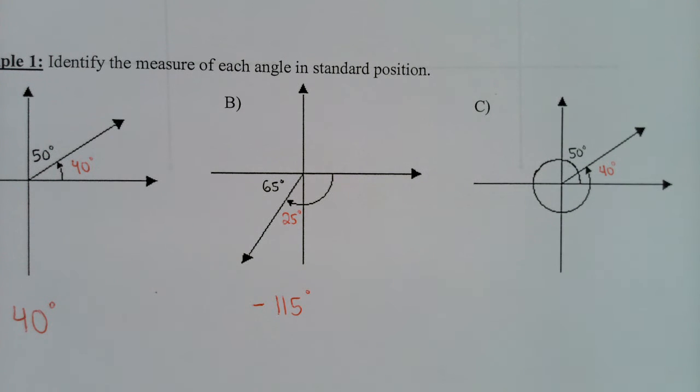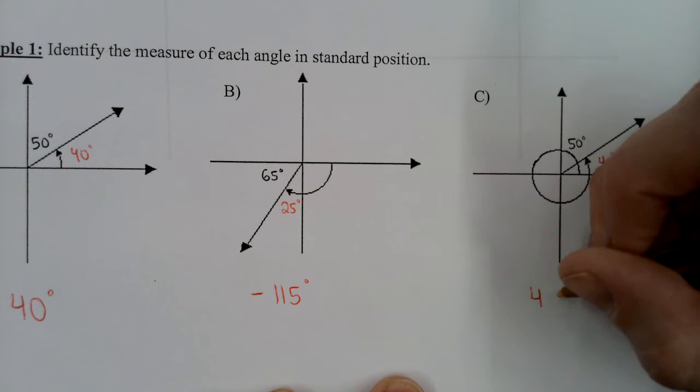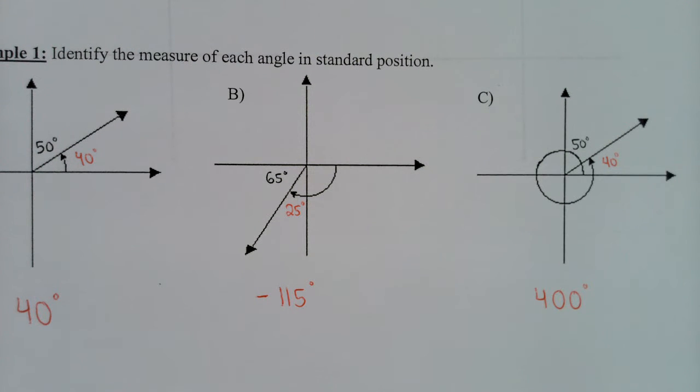So it's going to be 360 plus 40 is 400 degrees. Suppose I went around 2 entire circles, then that would be 720. Suppose I went around 3 entire circles, then it would be 1080. This particular problem goes around once, so 360, and then plus another 40 will be 400 degrees.